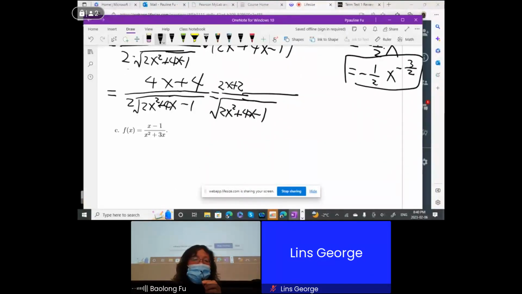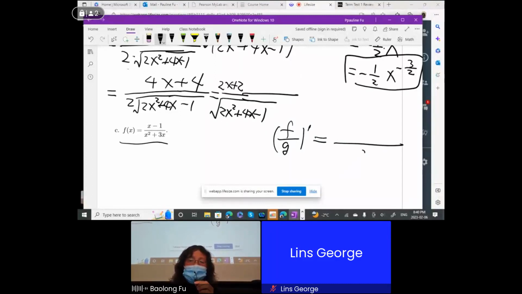Question C, we need the quotient rule. So f over g, quotient rule, the derivative equals the numerator over g squared. This is the quotient rule.